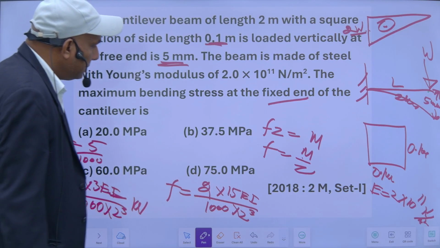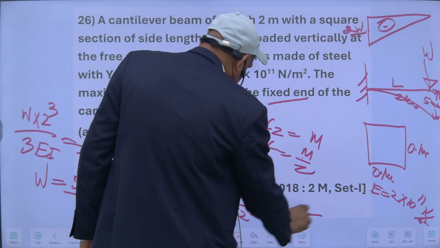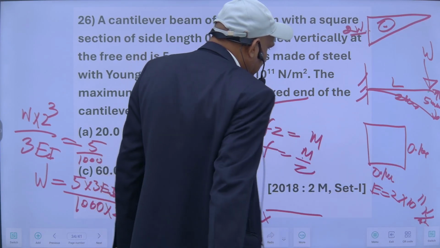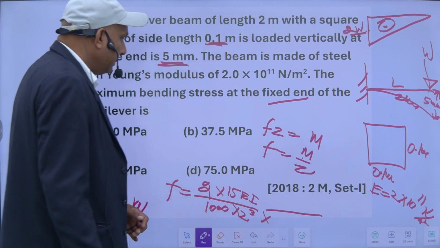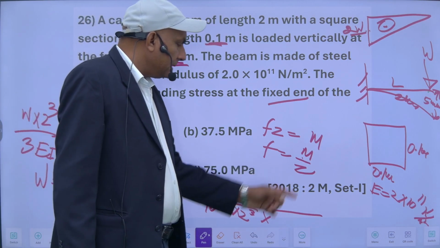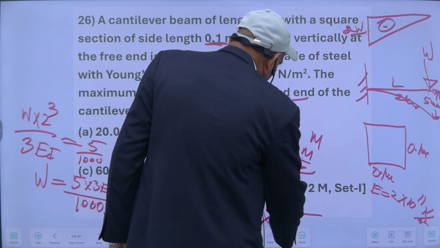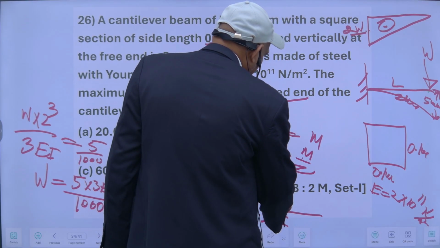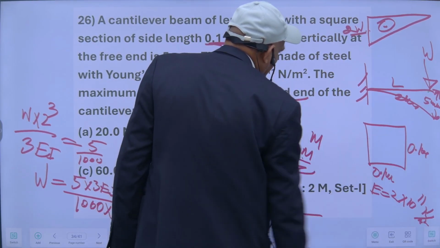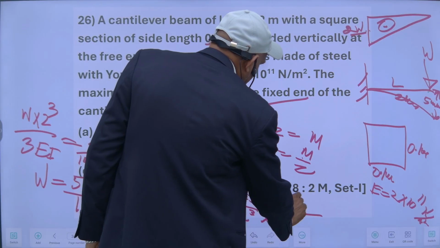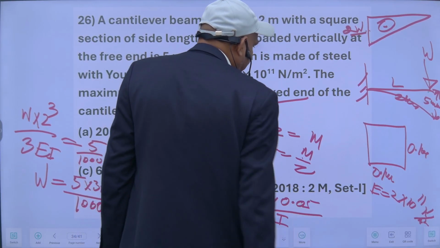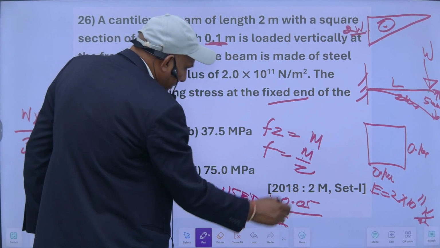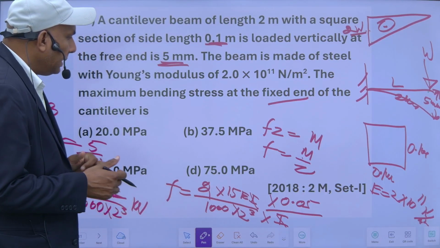F divided by I, I will be divided by Z. So Z is equal to I upon Y. So I upon Y is the Z, and Y is equal to half of this, which will be 0.05 meter. So I and I will cancel.